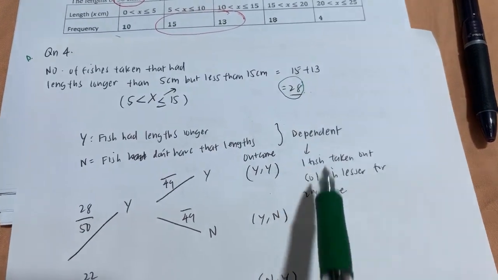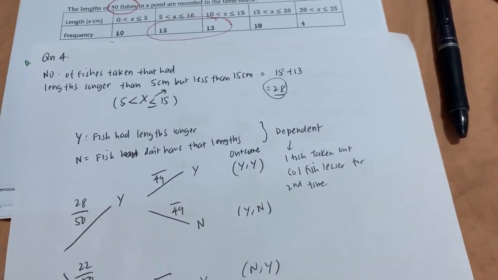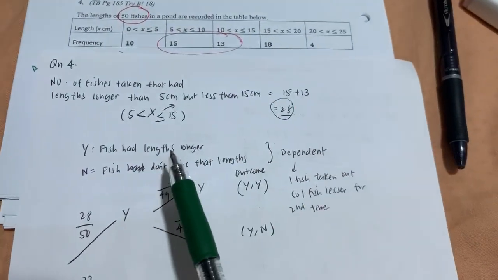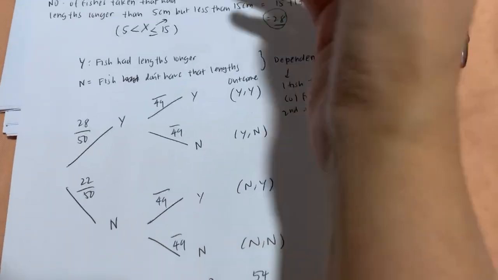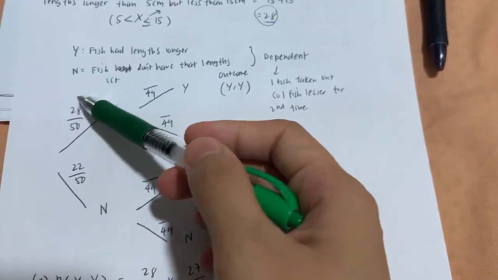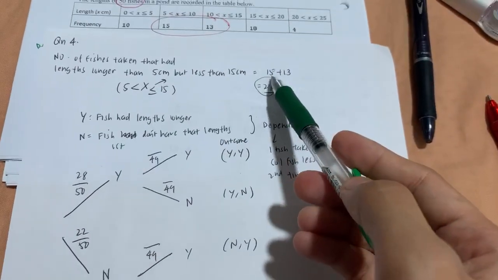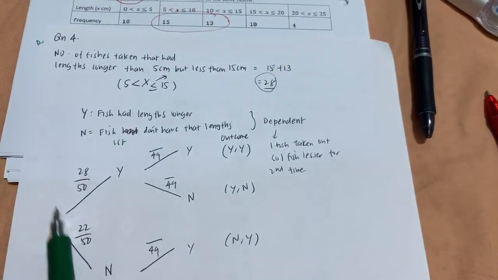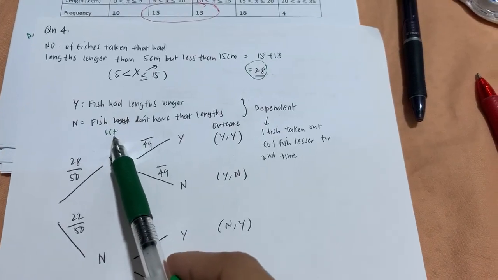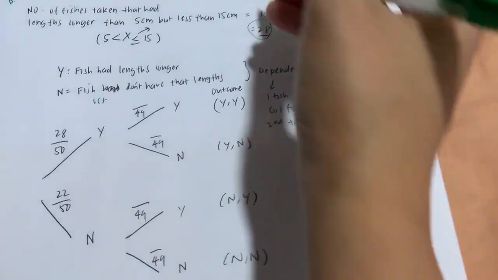For example, the total number of fishes is 50. Let's say the first fish that I pick, I will have 28 possible outcomes out of 50, because the total number of fishes is 50. N is the case where they don't have this length.